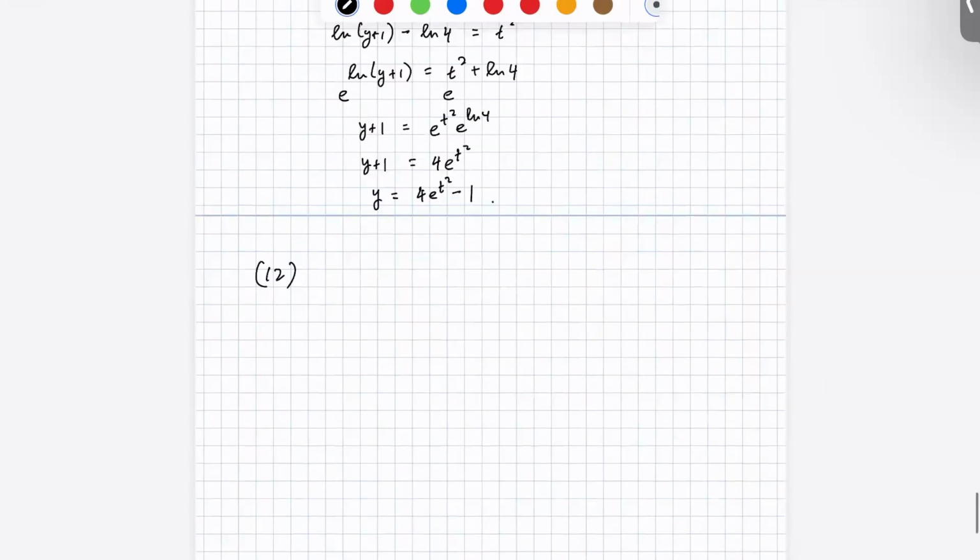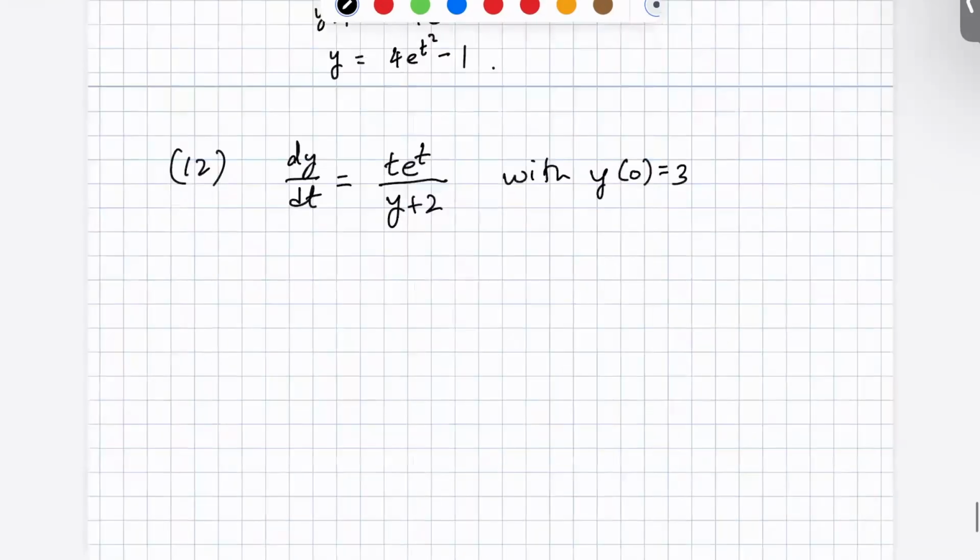Let's do another example. Consider the differential equation dy over dt is equal to t e to the t over y plus 2, with the initial condition y of 0 equals 3. This problem will require an integration by parts, so it's worth reviewing that.